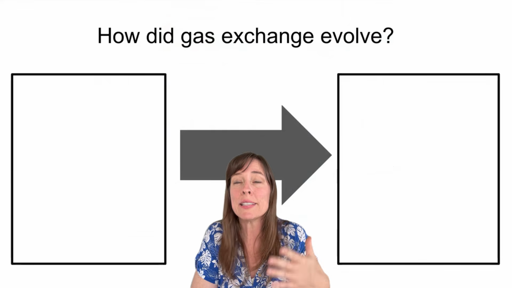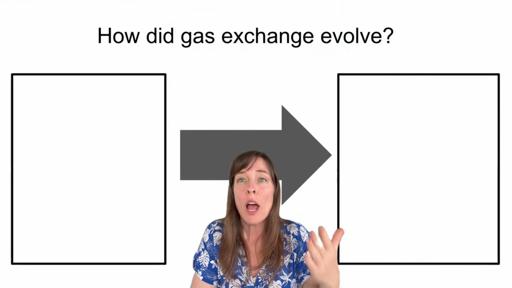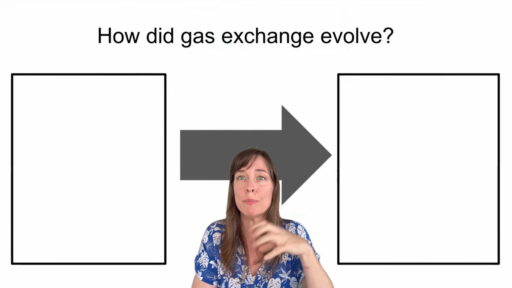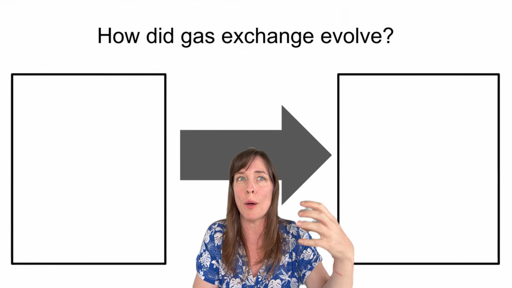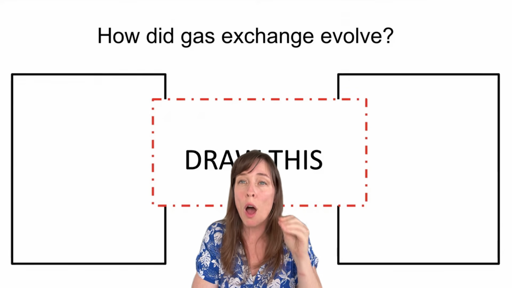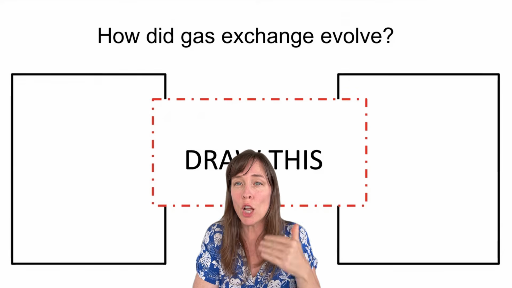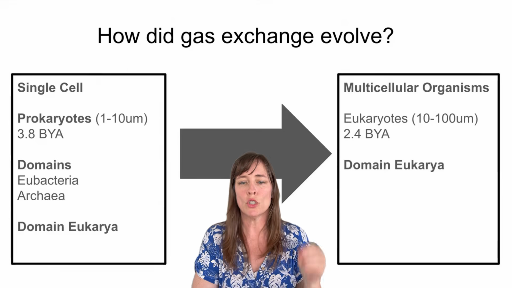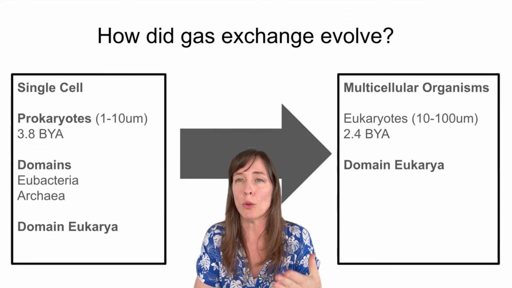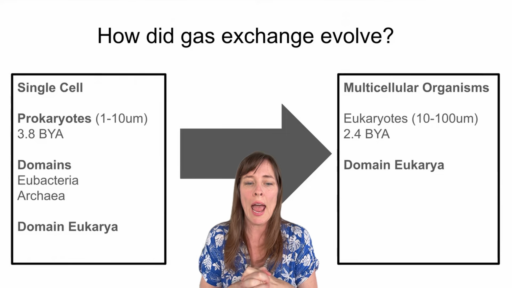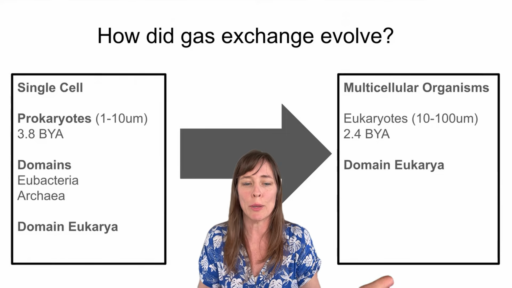So how did gas exchange evolve? Essentially, the cells need oxygen to come in, and that is what helps power energy for ATP. Please draw this. You cannot learn without drawing, so draw this if you're a student studying for exams. We started off with a single-celled organism. That's a prokaryote, 1 to 10 micrometers, and it evolved about 3.8 billion years ago.